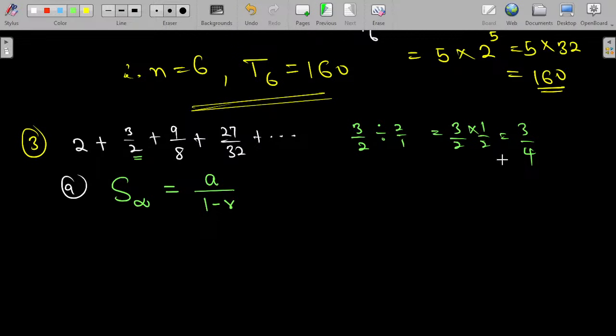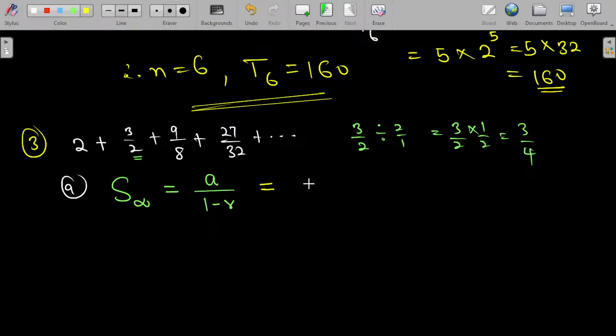So the common ratio for this series is 3 over 4, and you can see it. If you multiply 3 over 2 by 3 over 4, you will get 9 over 8, and if you multiply that by 3 over 4, you get 27 over 32, and so on. So that's correct, and that is less than 1, so we can make use of this formula.